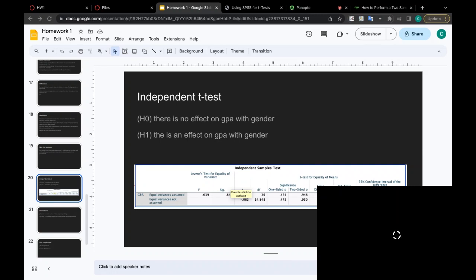We're saying, okay, there is no effect on GPA with gender for our null hypothesis, and there's an effect on GPA with gender in our alternative hypothesis. So we have our variables. We could technically add others, but we're at least checking these two for now.